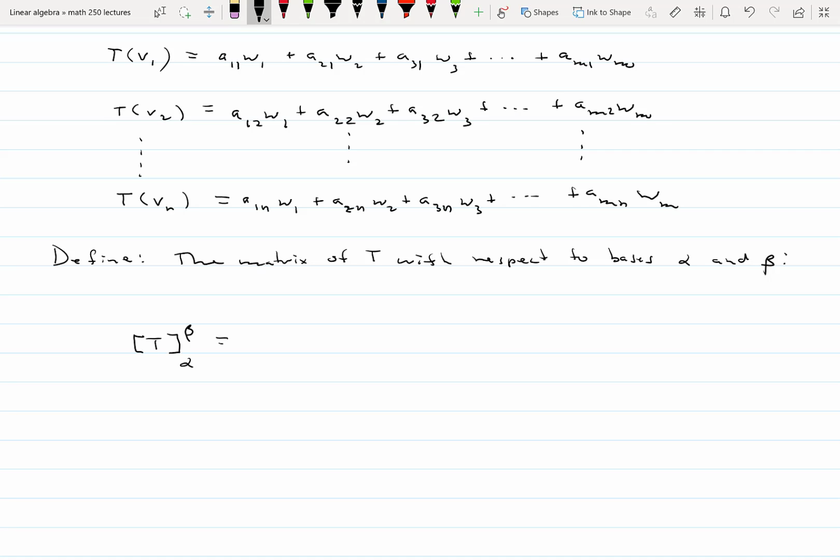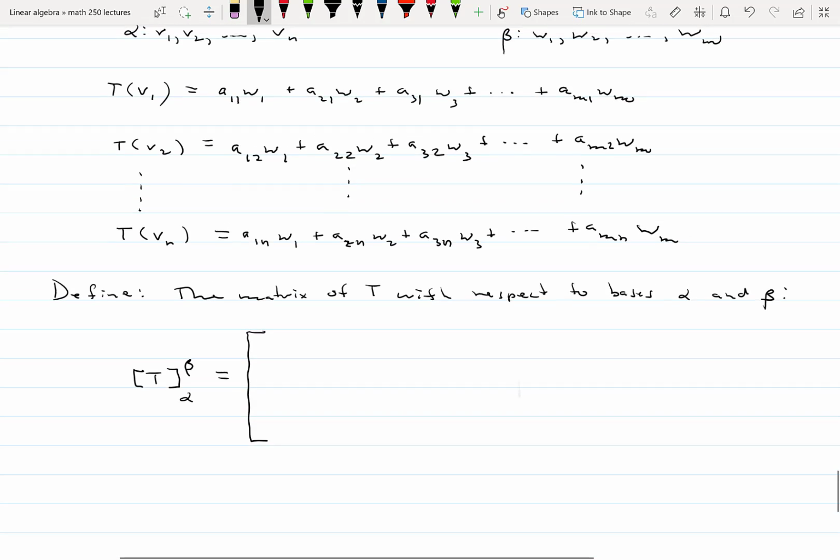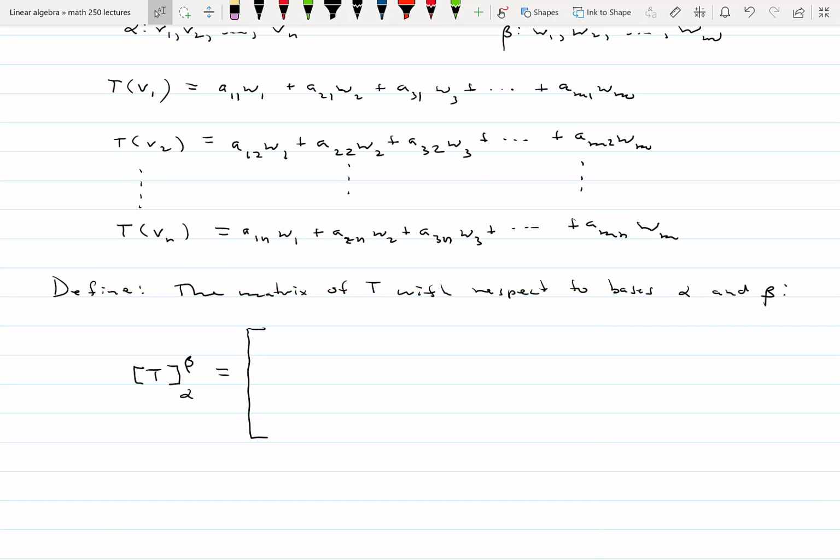Now look at T of V1. Take the coordinates of T of V1 above, and I'm putting a red arrow there. Look at the coordinates, A11, A21, A31, etc. And I'm going to put them as the first column in this matrix.